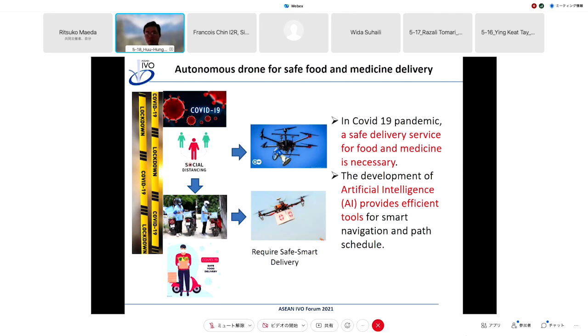So the requirements are, firstly, the drone should localize itself in the environment.